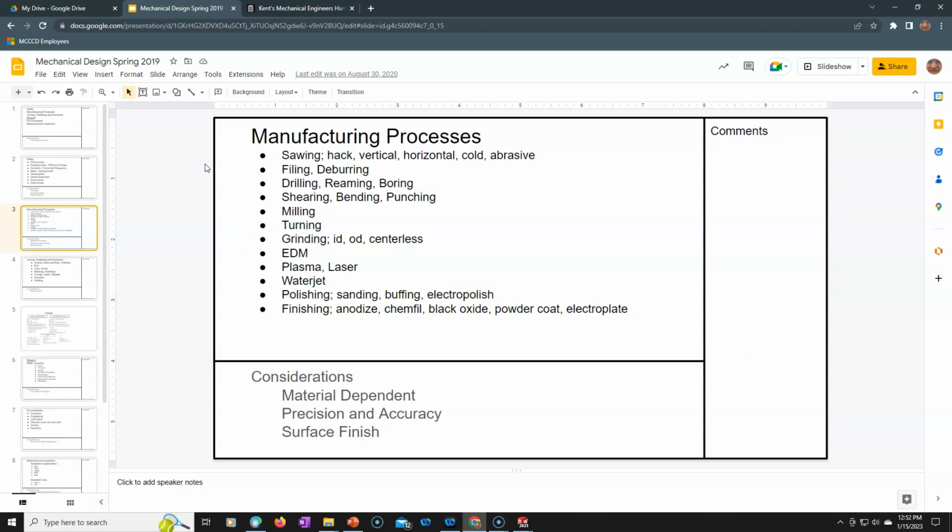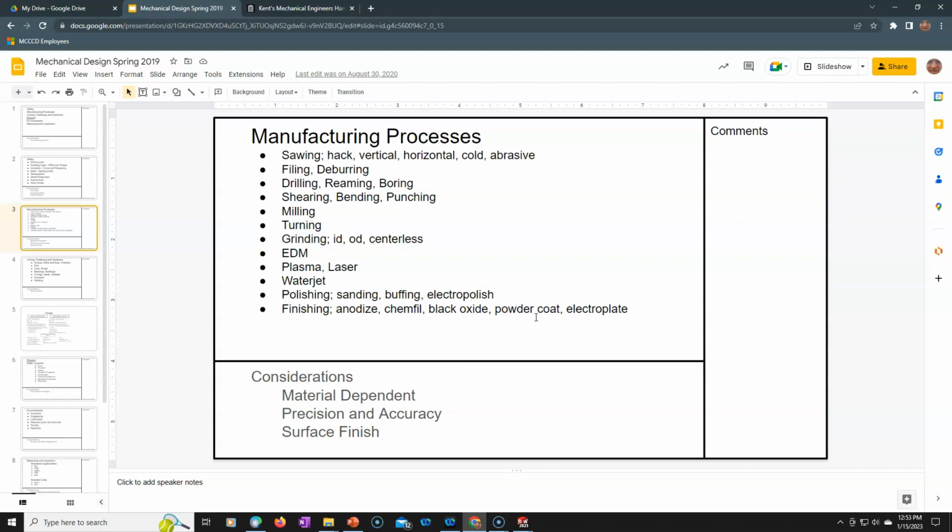to cut material. And then polishing comes down to sanding, buffing, and even electro-polishing, the different types of finish of plates, anodize, chemfill, oxidation, powder coating. And a lot of these are material dependent. We're going to be able to anodize aluminum and chemfill, but steel is going to be black oxide. You can powder coat.